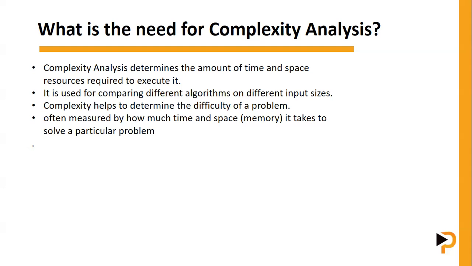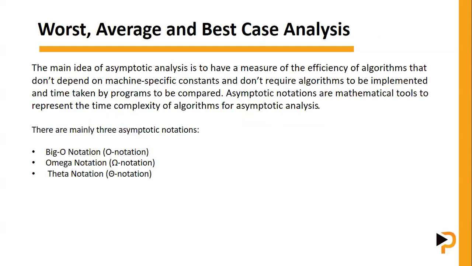But here we are only dealing with the size of input and the frequency of the input. By dealing with only the size of the input instances or the frequencies of the input instances, we have some kind of analysis. We divided that analysis into three categories: worst, average, and best case analysis.